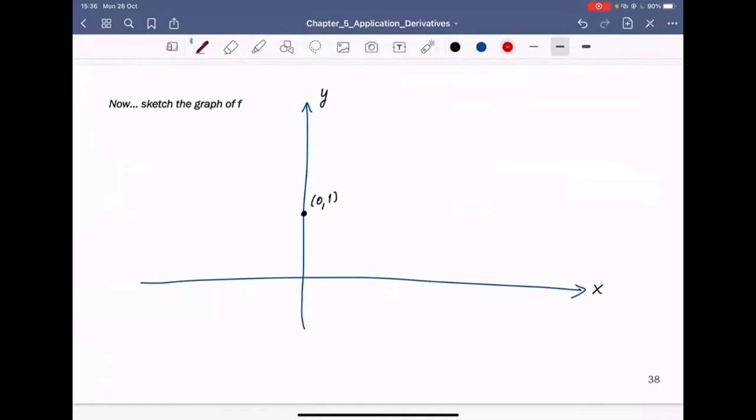And keep in mind that I am going to have y equal to 1 as my horizontal asymptote, and I need x equal to 1 as the vertical asymptote. When you plot the graph, it will not touch the vertical asymptote. It's going to go along the vertical asymptote and horizontal asymptote. We'll see that in a minute.